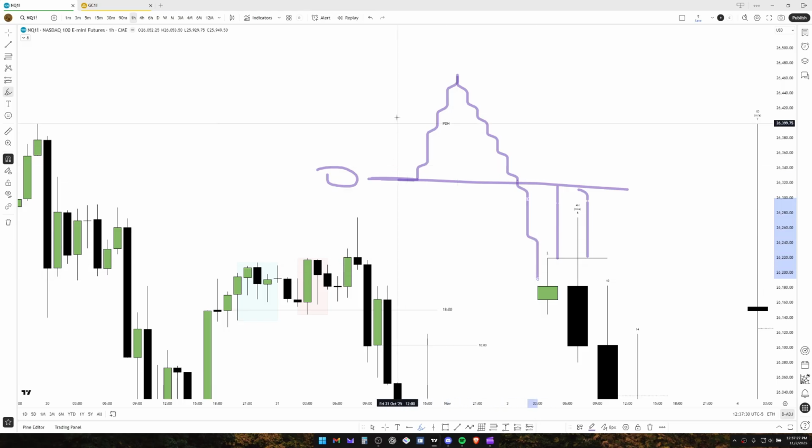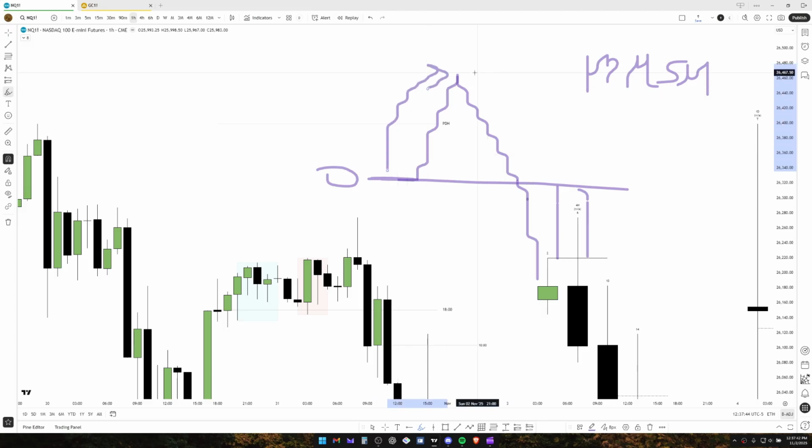So this whole move that's creating the wick is your market maker sell model. You have your buy side of the curve over here, and then your smart money reversal at the top, with an SMT most likely, and then your sell side of the curve over here.